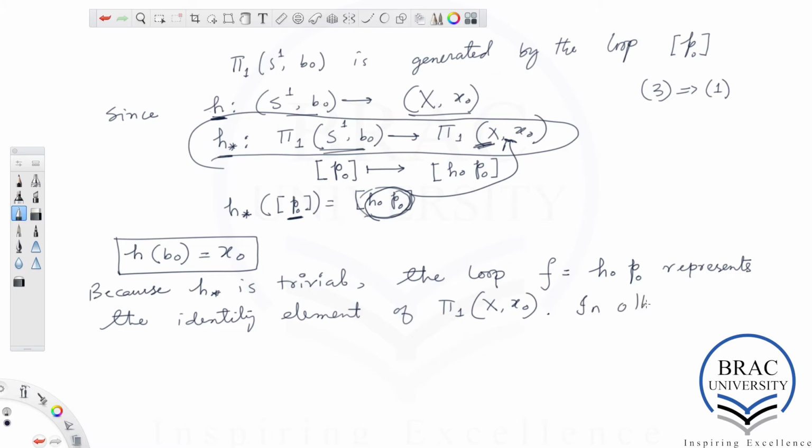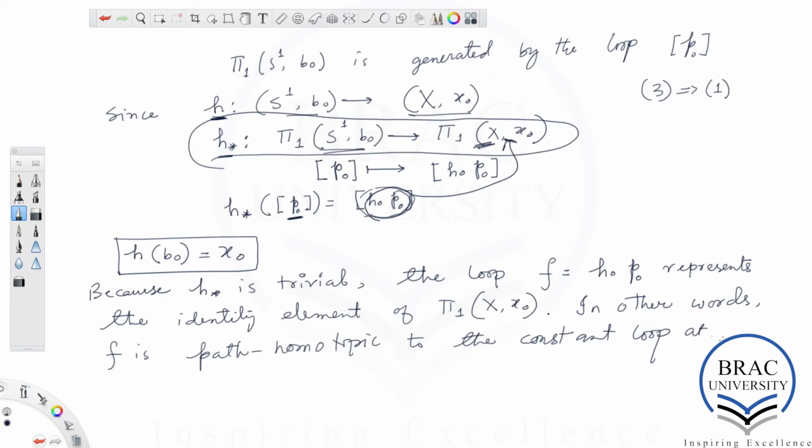In other words, F is path homotopic to the constant loop at x0. Okay, this is what we said a while ago, that's the only option since H star is trivial.